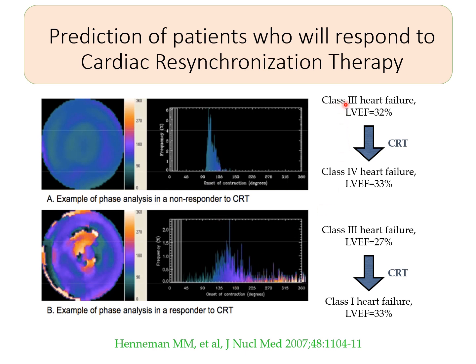You can see when this patient was resynchronized, not only did it not improve, but his heart failure symptoms got worse because the patient was already synchronous. There was nothing to resynchronize. Whereas this other patient that was dyssynchronous significantly improved not only in function, but also in heart failure class, from class 3 to a class 1.